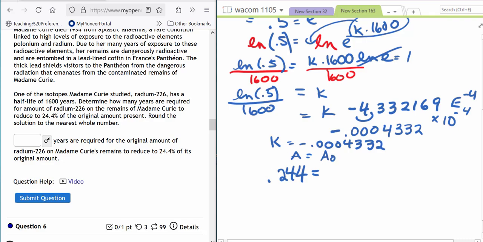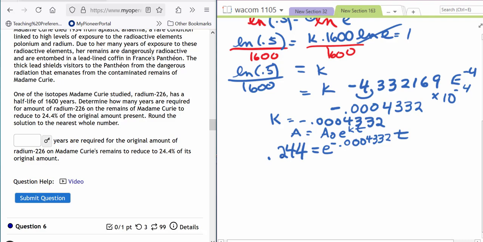It's going to be this much is left, e to the kt, right? e will still be there. K is now this point, negative 0.00043332. T is what I don't know. And that's what I'll find.